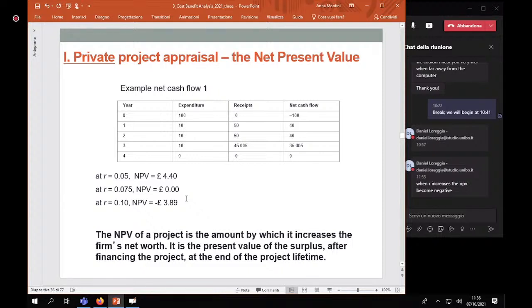When we consider private project, then the private person can consider a low or an average discount rate depending on the alternative that he has for the use of the money. Okay?